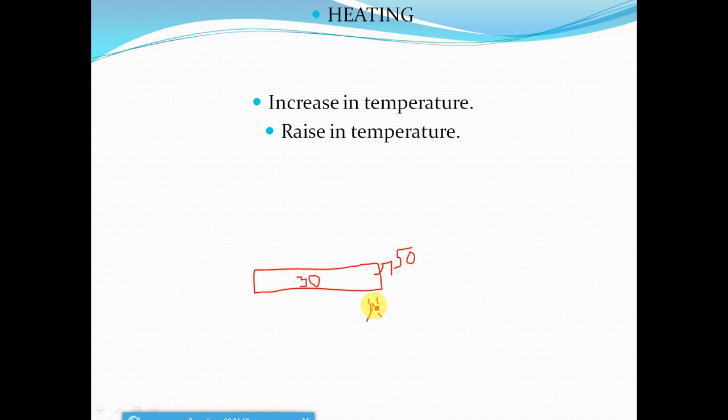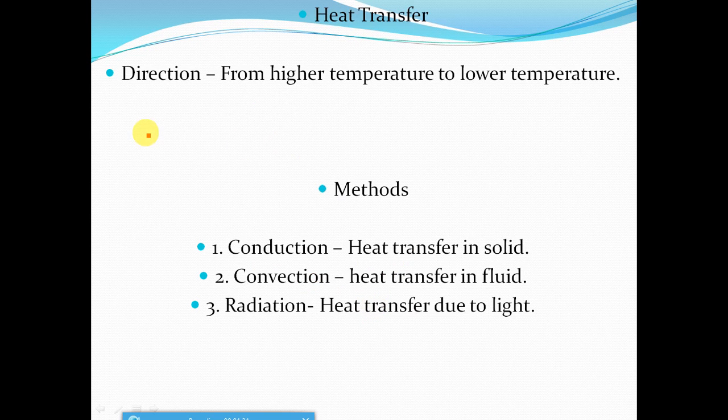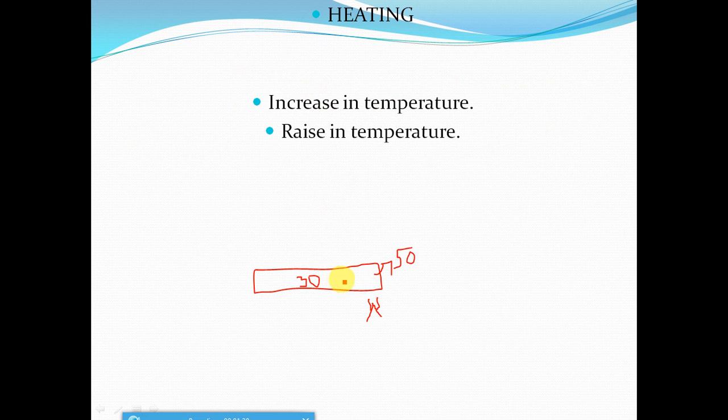heating. Now, the direction of heat flow is from higher temperature to lower temperature. See here, initially I was heating at this point. This is point 1, let us assume, and here it is point 2. After some time, if you are holding this rod at this point, we can feel a little heat at this point also.